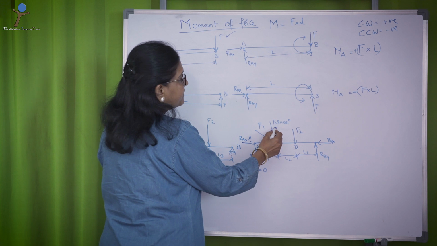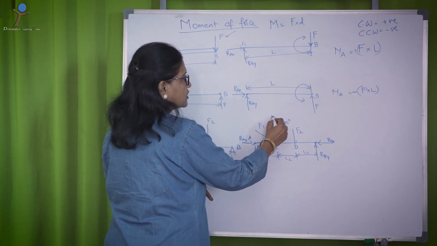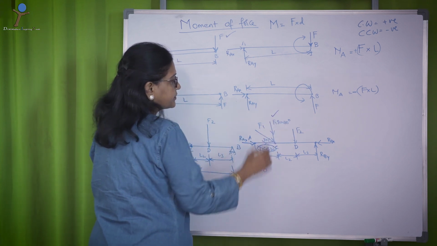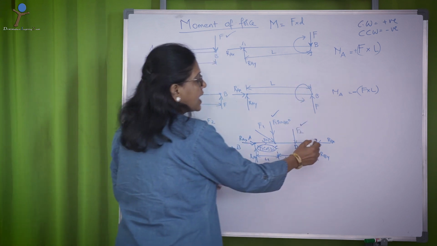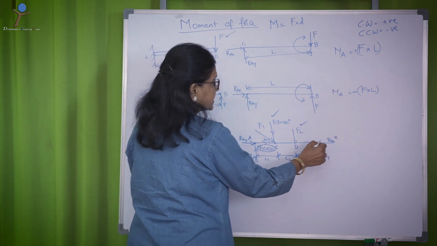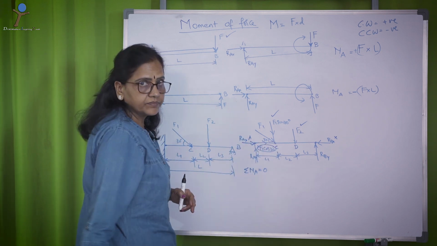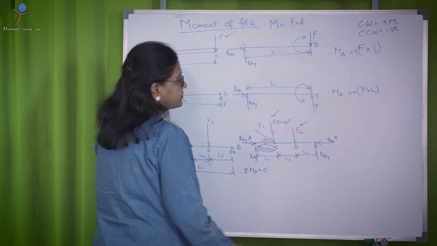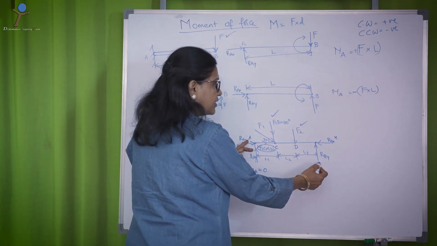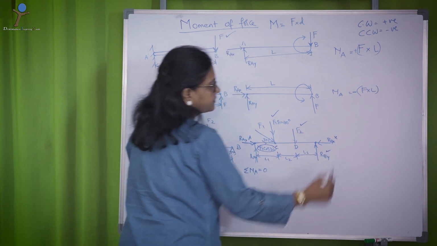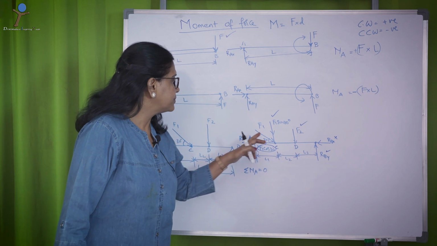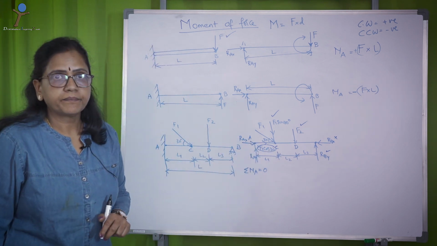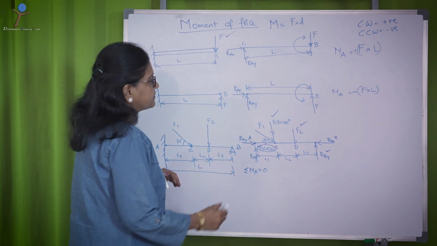Then F1 sin 30, yes, it contributes to the moment here. F2 contributes to the moment. RBX does not contribute because again it is lying on the same line of axis, but RBY contributes to the moment here. So, you have three forces that contribute to the moment about A. Now, step by step let us see.